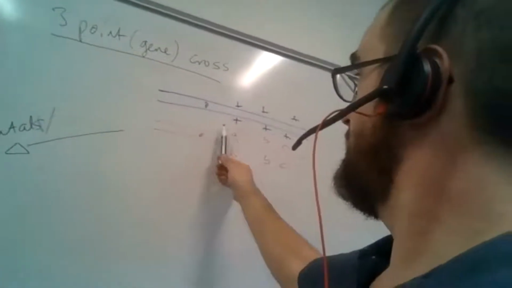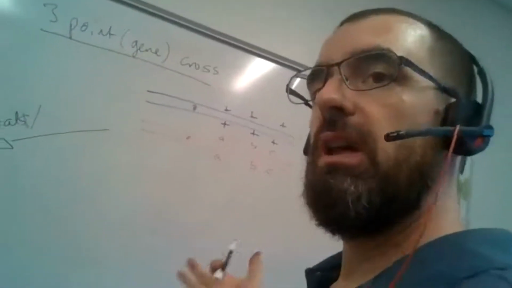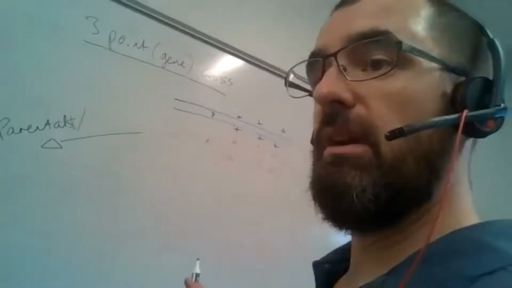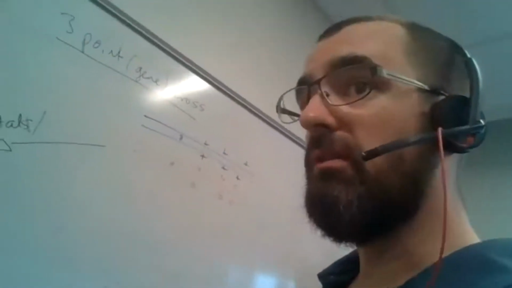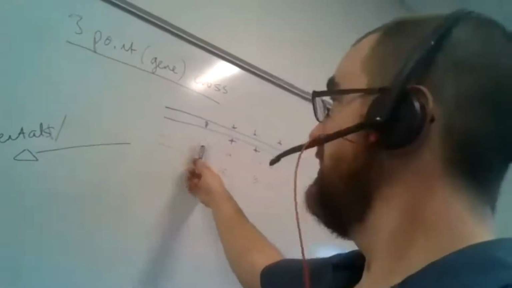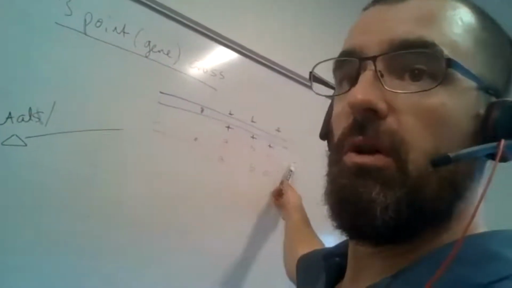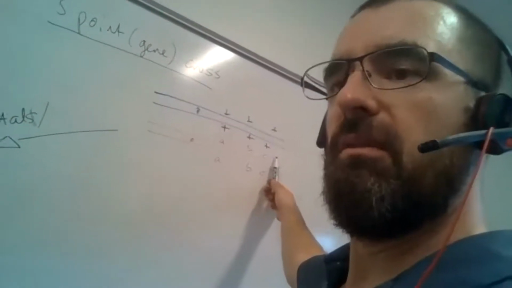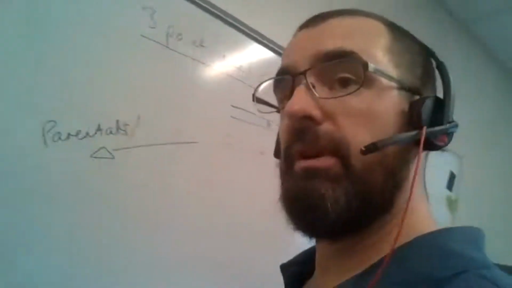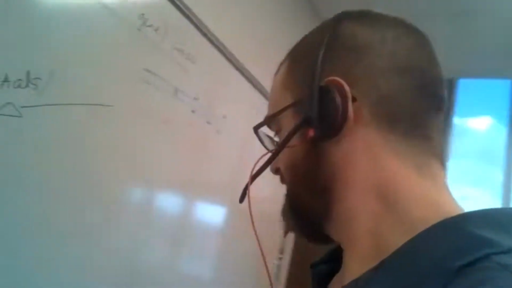So say recombination occurs here or here, you will get essentially the same combination of alleles, right? Again, this is about what we can observe. So even if recombination does occur here or over there, you're not going to see it. You're going to get exactly the same combination of alleles.